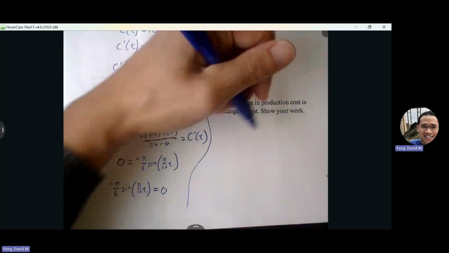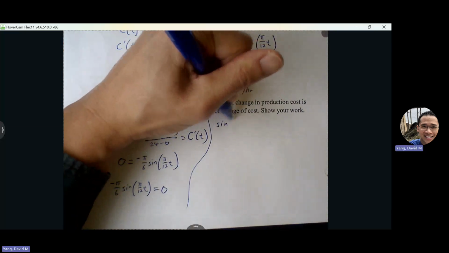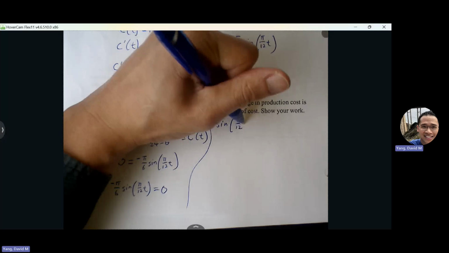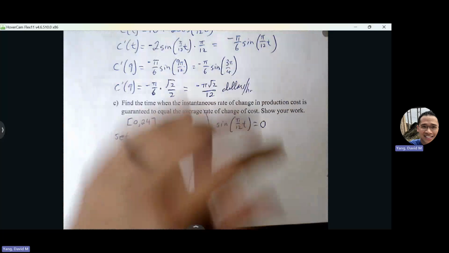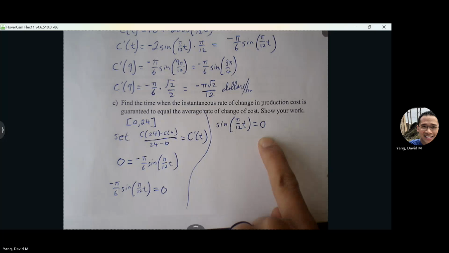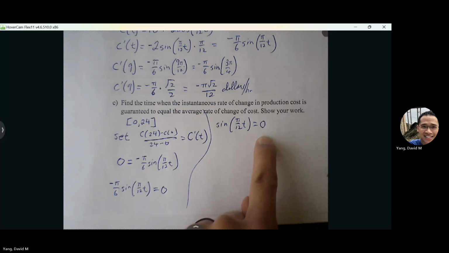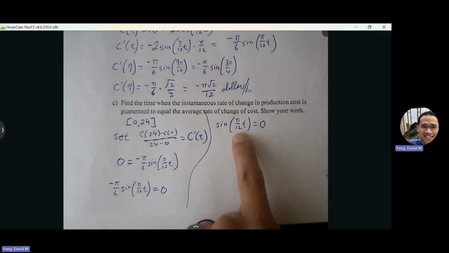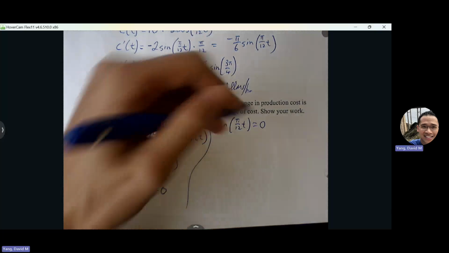That's going to zero out, which leaves sine of pi over 12t equal to 0. What can we do next? We're trying to solve for t, so what can we do to work on getting this by itself?